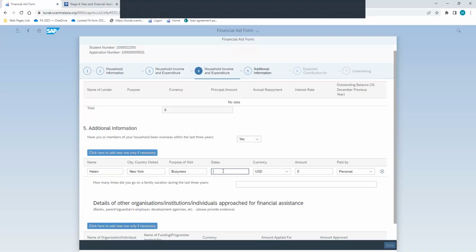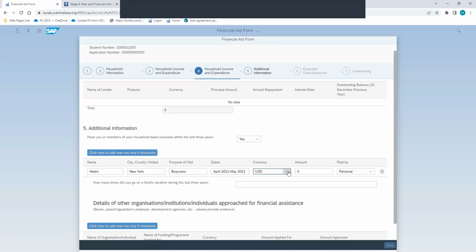Dates can be, let's say, April 2021, as it says within the last 3 years. So it maybe was April 2021 to May 2021.